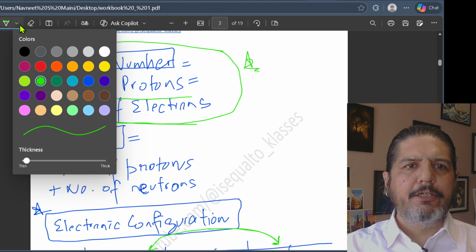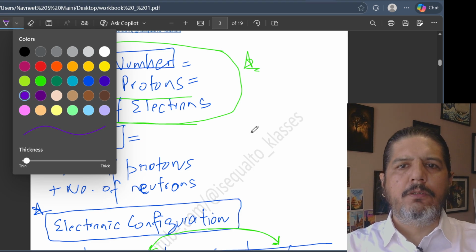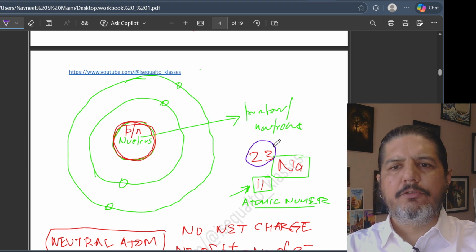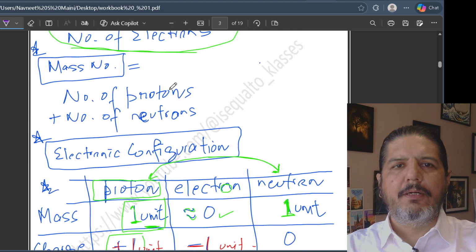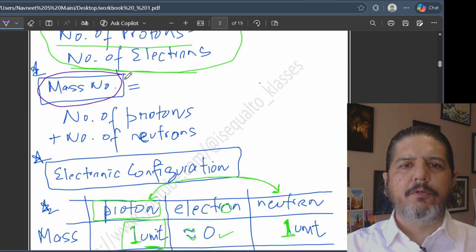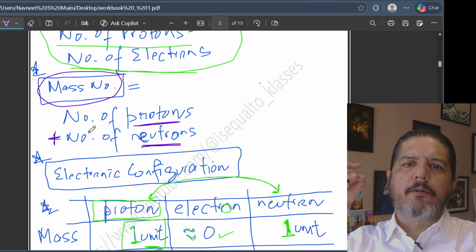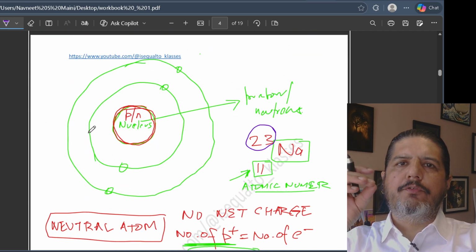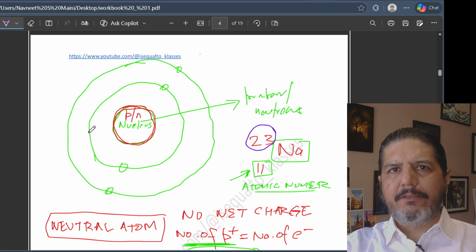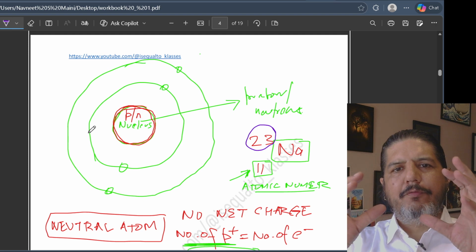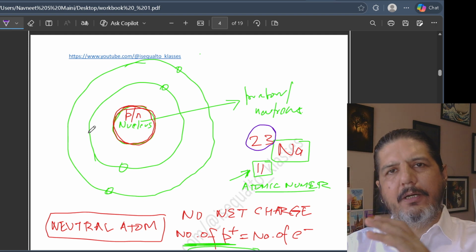The second thing that we need to understand is the meaning of this 23. This 23 is the mass number. So, what is a mass number? Mass number is the number of protons plus the number of neutrons. The protons and neutrons sit in the nucleus, and the mass is contributed by the nucleus only. So add the number of protons, add the number of neutrons, and you have the mass number.